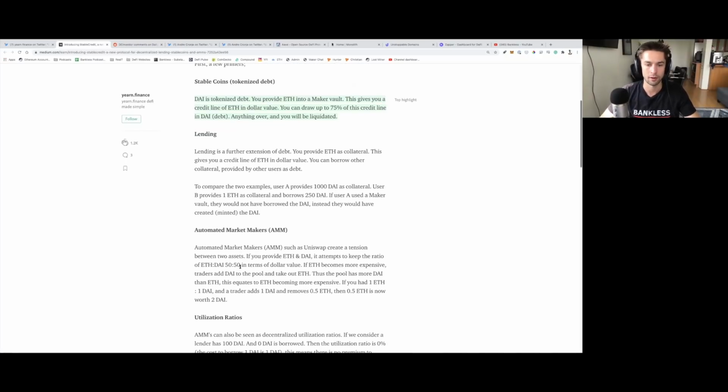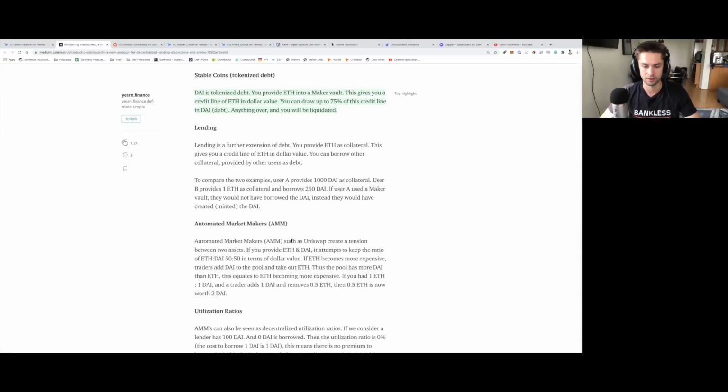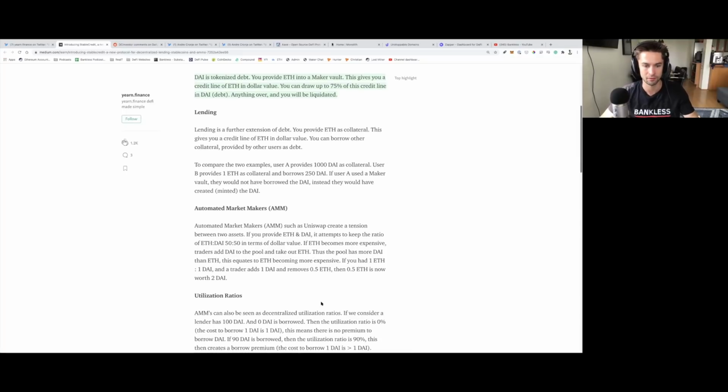And then there's automated market makers that we know of like Uniswap and Balancer. And so Andre puts this in an interesting way where he says Uniswap creates a tension between 2 assets. So if you provide Ether and DAI, it attempts to keep the ratio between these 2 assets equal in dollar value terms, right? So if Ether becomes more expensive, traders will add DAI to the pool to take out Ether because of the arbitrage.